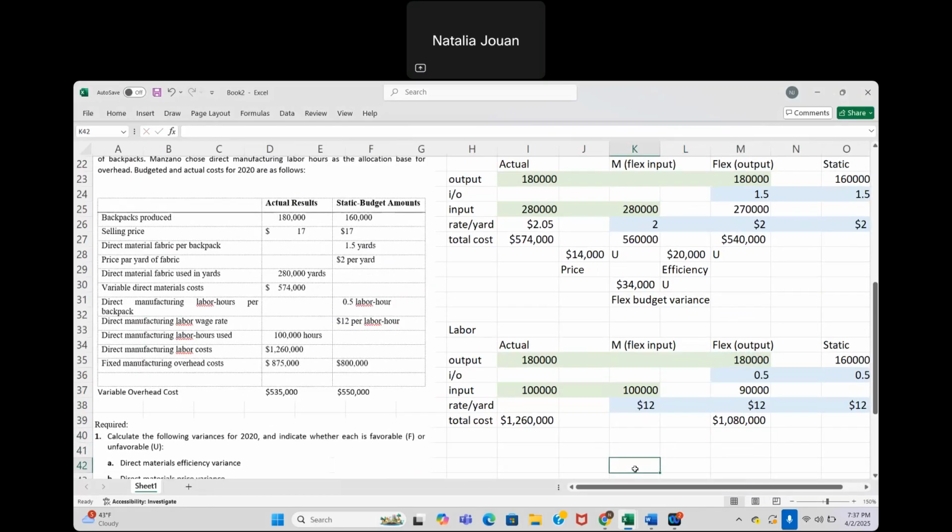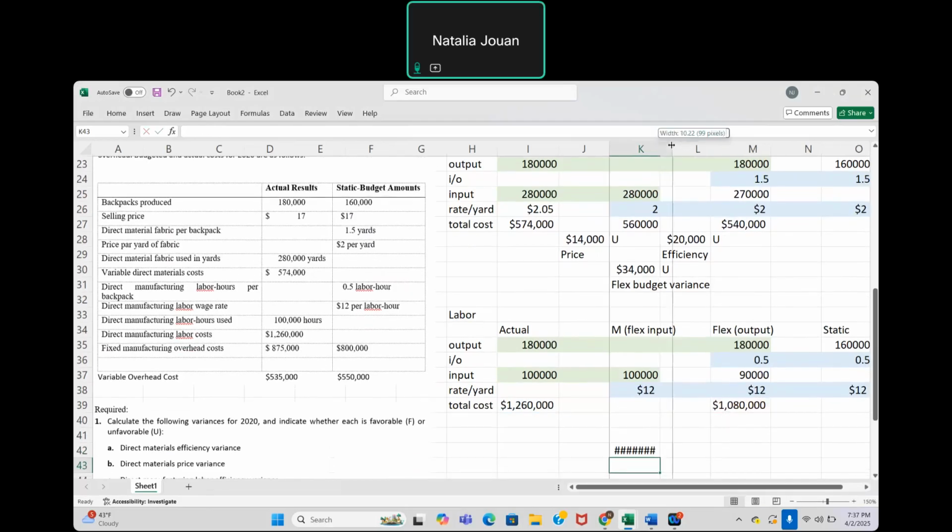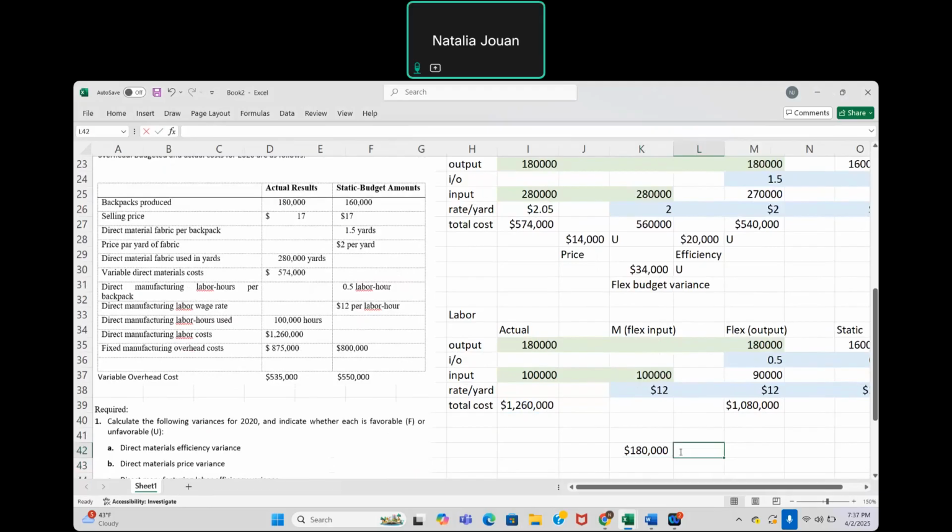So how did we do? Well, we paid more. So we can see that it's going to be unfavorable. Okay, so unfavorable, not efficiency, I'm sorry, flexible budget variance. All right, and then we have, yeah, right here, let's compute it.